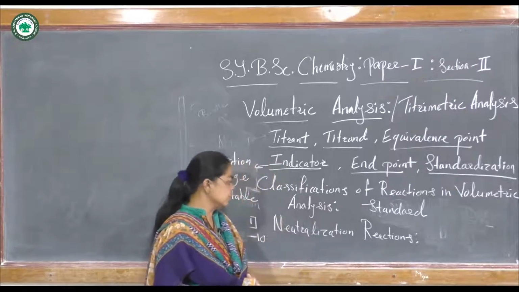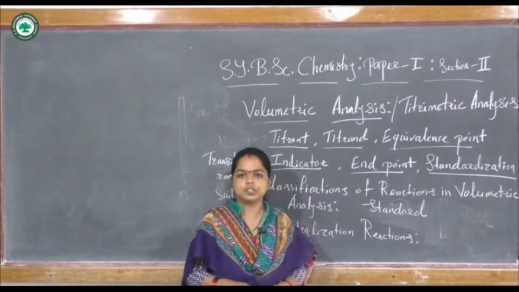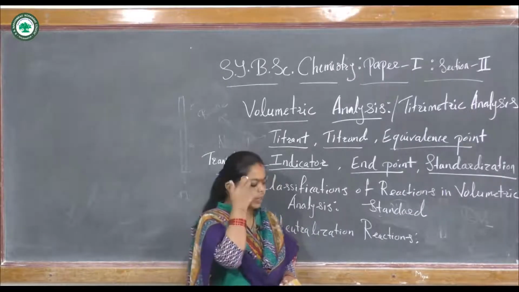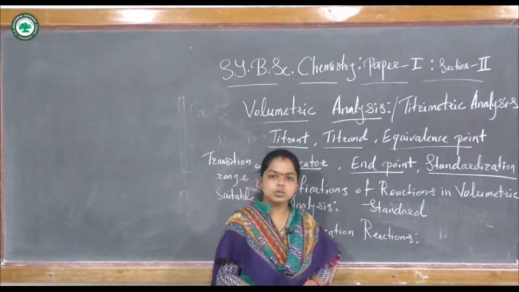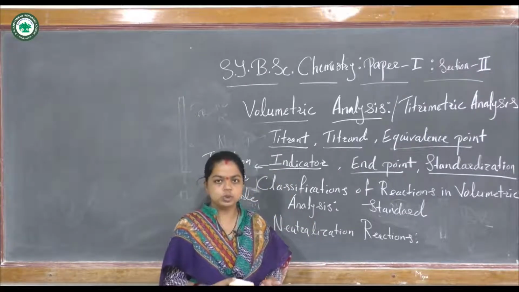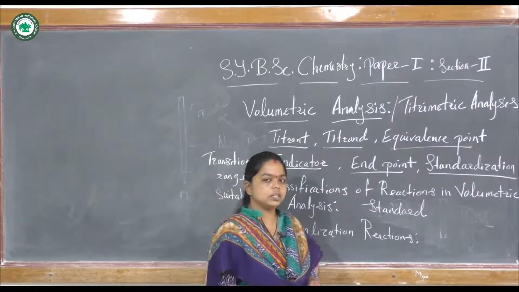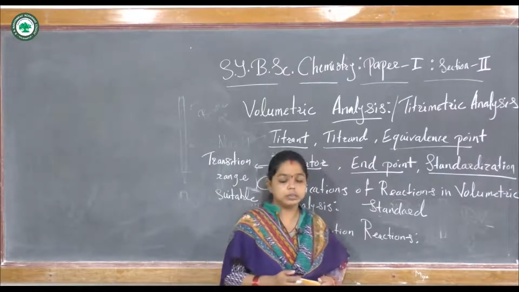First is the neutralization reactions or neutralization titration. When we carry out the titration between an acid and a base, it comes under neutralization reactions or neutralization titration. Further, it is divided into acidimetry and alkalimetry.